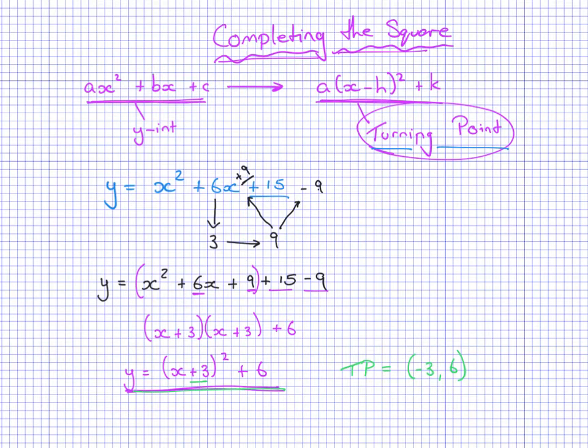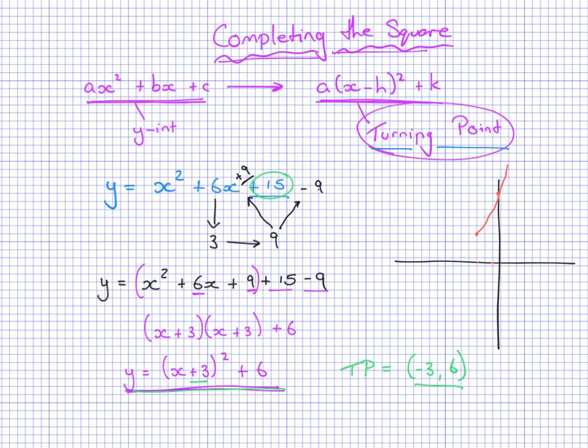So now I know that the y-intercept is at positive 15 and the turning point is at minus 3, 6. If I was to do a quick sketch, it would look like this. There would be a point here at 15, and then a point at minus 3, which is 3 across, and 6 up, which I'll say randomly is there.